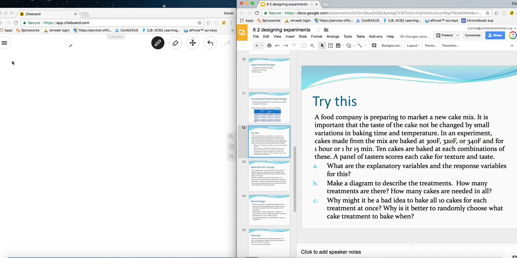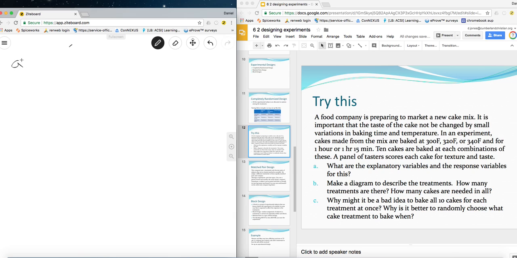So let's go ahead and decide what are our explanatory variables and what is our response. So the explanatory variables, there's actually 2 here. We have temperature, and if you notice, there was something else. They also are baking it at different times.